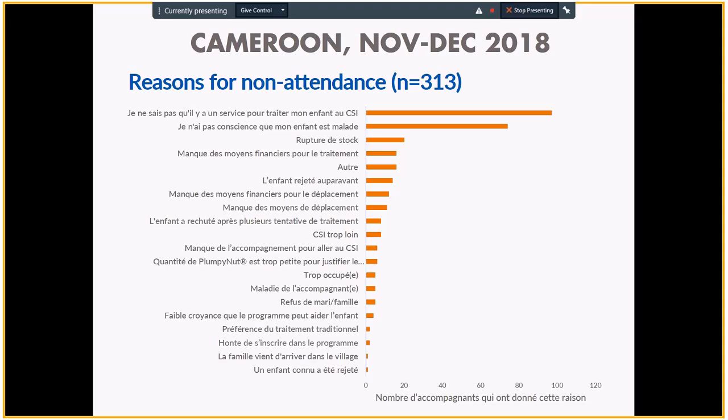But the other thing to add is that knowledge about a child being sick, or being malnourished, is also quite low.